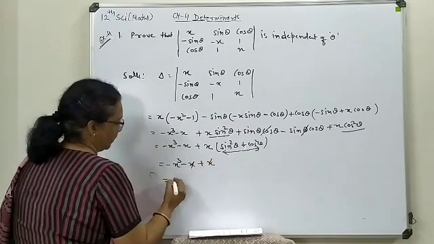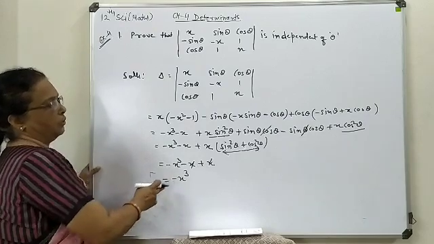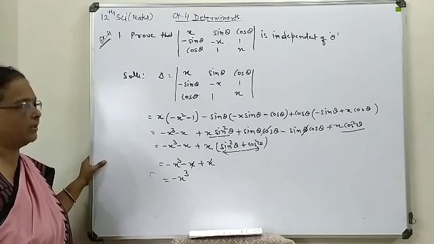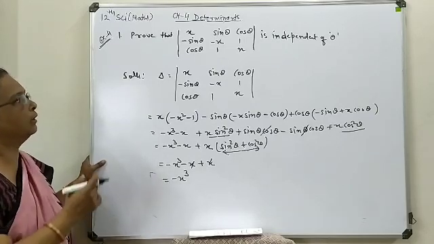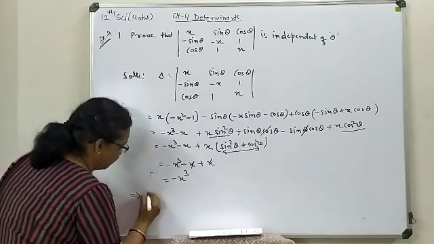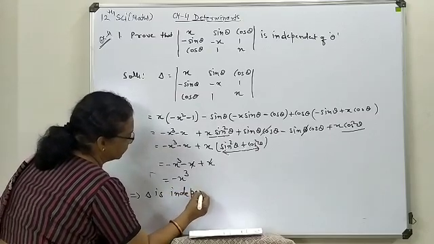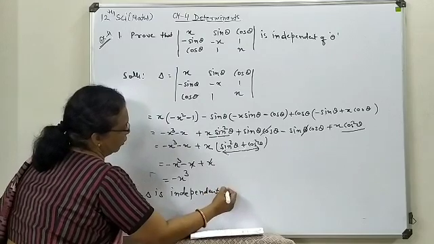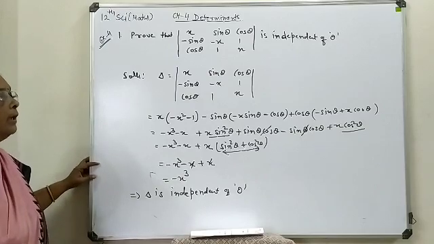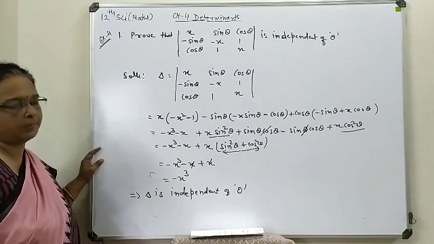The x will cancel, and you are left with only a single term, minus x cube. Here you can see none of the theta terms remain in the expansion. So the given determinant is independent of theta. So this way, if any such combination is asked in which we have to prove something, you can proceed.